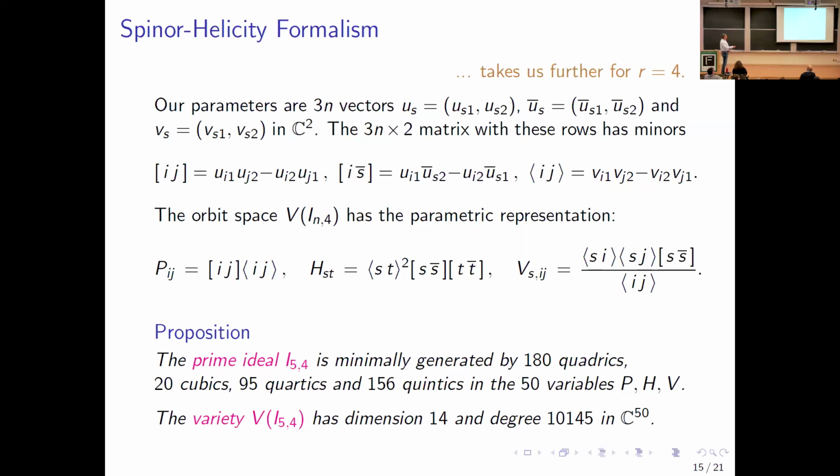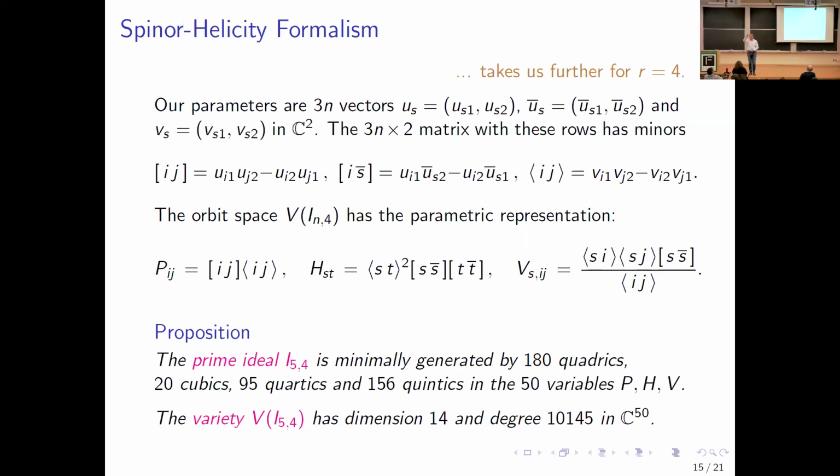Okay, so what you do is you now have 3n vectors. I'm going to parametrize everything in sight by 3n vectors of length 2, and they have these names: u's, u-bars, and v's. And then I put them in a long matrix, a 2×3n matrix, and I look at the 2×2 minors. But I'm using these symbols to denote the minors. So bracket ij, then with the bar, the other one, and then there's this ij. Okay.